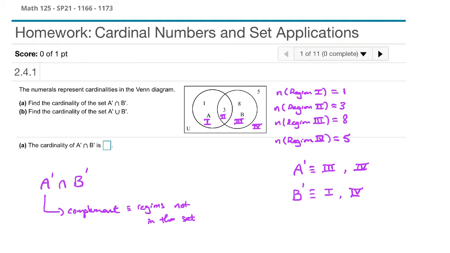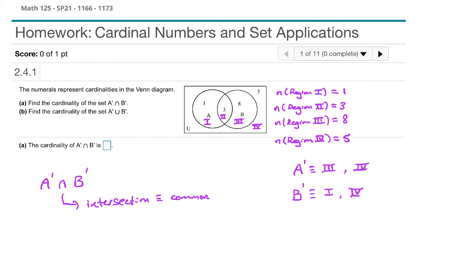Now, when we want the intersection, we want the regions of overlap. So anytime that you're seeing intersections, you're really thinking common, either common regions or common elements. And so for the intersection of these two sets, which regions are going to be in common?